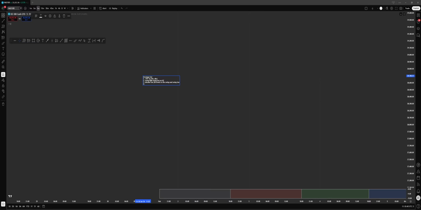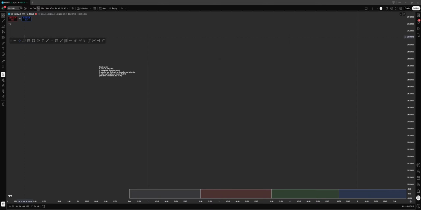And fourthly, we're going to be looking for a PD array slash confluence inside the OTE. OTE is between 0.705 and 0.79.